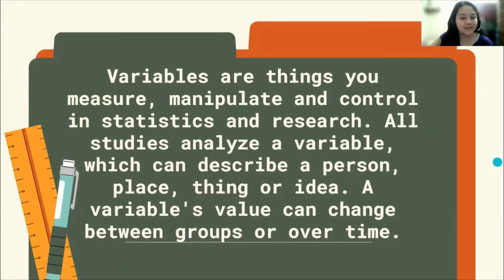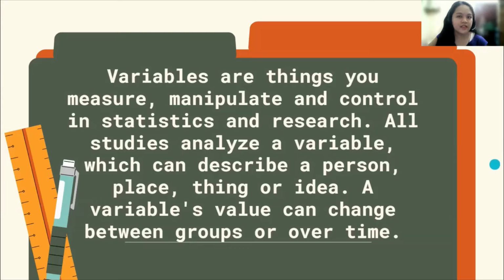So variables are things you can measure, manipulate, and control in statistics and research. All studies analyze a variable, which can describe a person, place, thing, or idea. A variable's value can change between groups or over time.